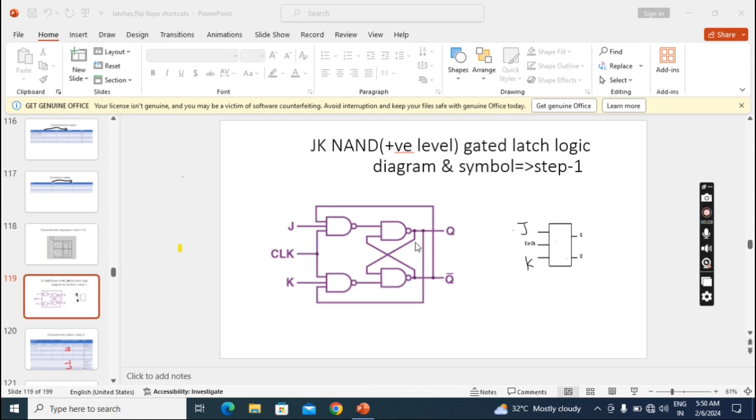By connecting this feedback, we are able to overcome the invalid state. But because of this feedback, although the invalid state is overcome, a race condition happens. Anyhow, this feedback from latch output to gated input is the reason for avoiding the invalid state of the RS flip-flop.